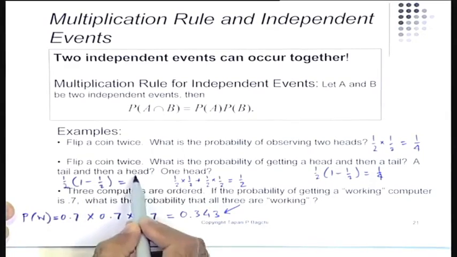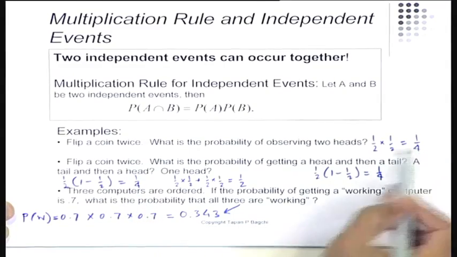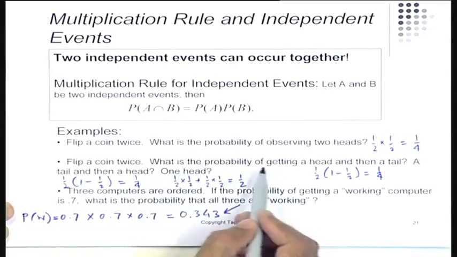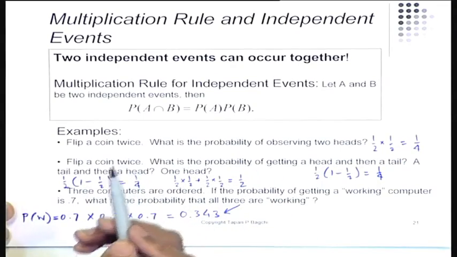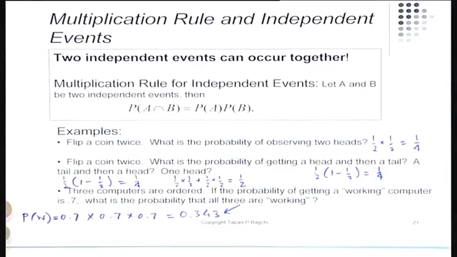And by chance it also happens to be 1 by 4, 1 by 2 multiplied by 1 by 2. Don't confuse this with the previous 1 by 4 that we had. This is the probability of this particular event, getting a head in the first toss and a tail in the second toss. This will not be so if the coins were asymmetric. If the coins did not give you a 50-50 chance of getting a head, the numbers here would be different.